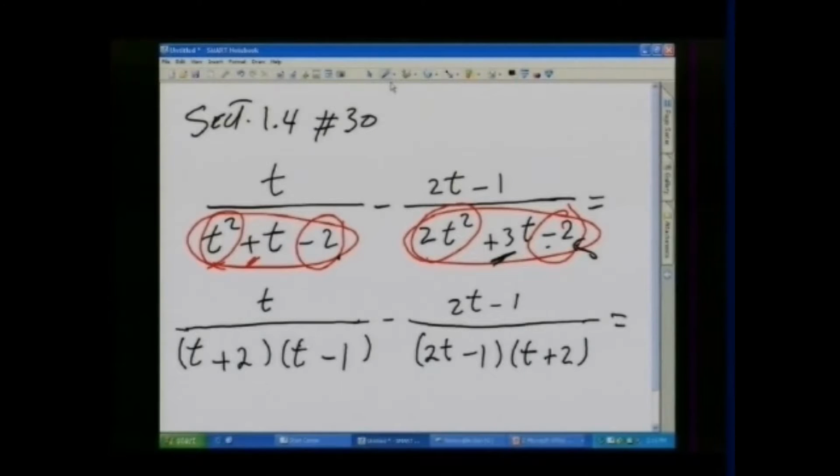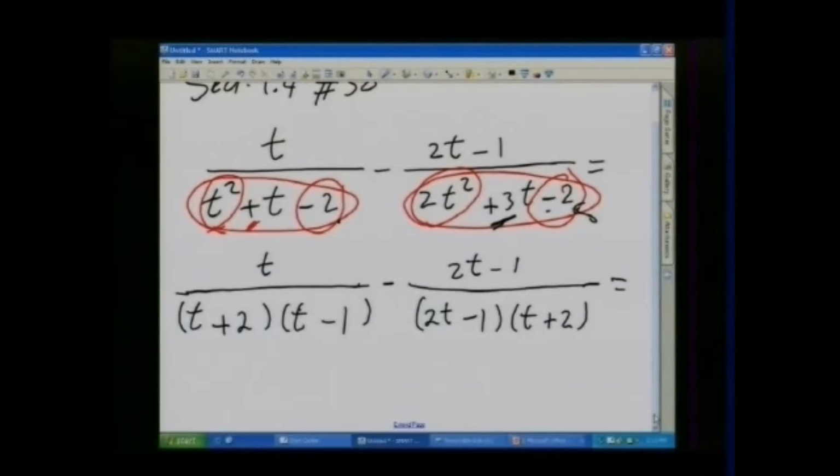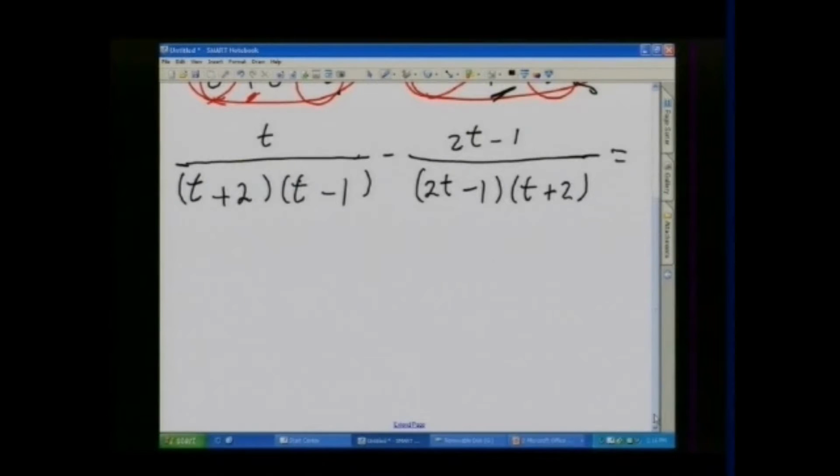Now, equal to. Now I can take the least common denominator between these two terms.